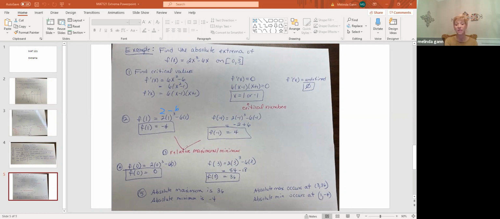And then step 3 says those y values are relative maximums and minimums. Now, here's what seems easy, but we'll talk about this more in class. Just because this number is smaller than that number doesn't mean necessarily that it's a relative minimum. Let me show you what I mean. That's not true on this graph, but I want you to notice something.